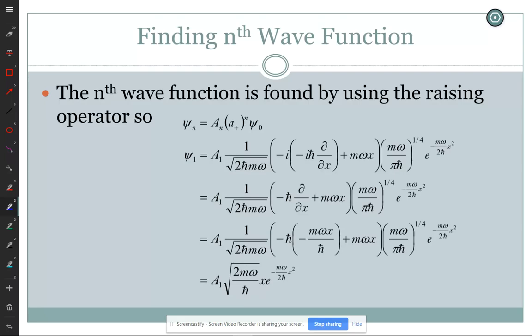And then this stayed the same as always. So I multiply these, the h bars cancel. Minus and a minus makes a plus. So this is going to be m omega x plus m omega x. That's 2 m omega x, as luck would have it. So I have in parentheses here, that comes out to 2 m omega x.